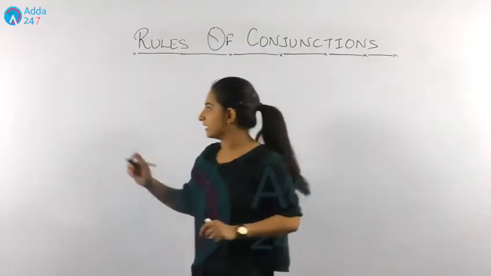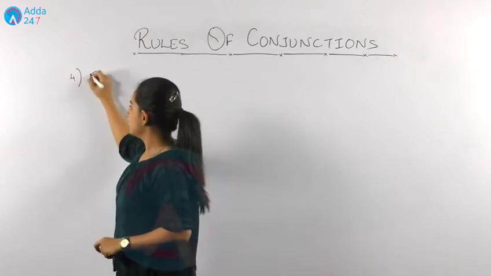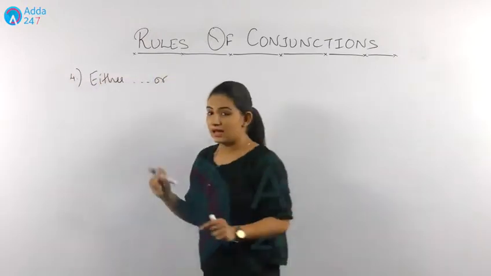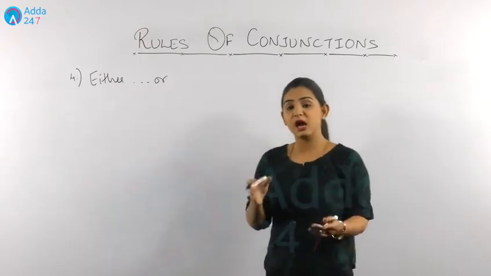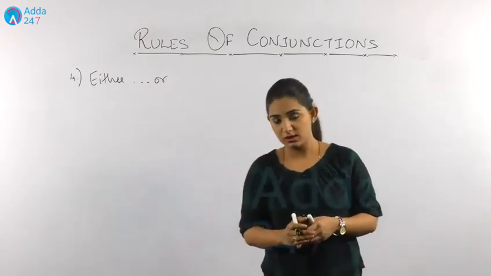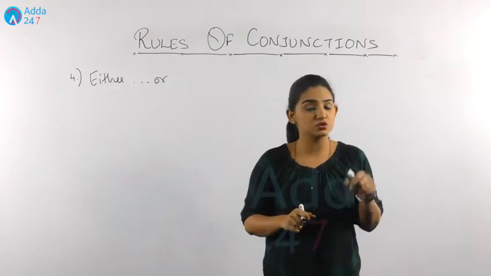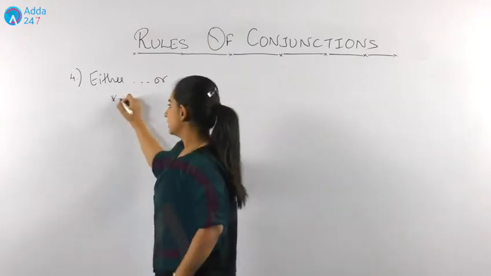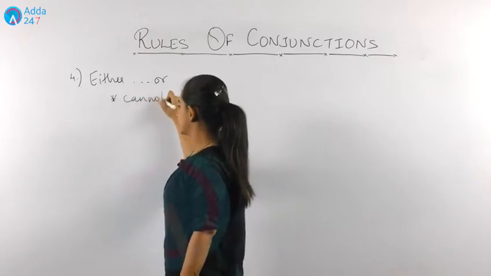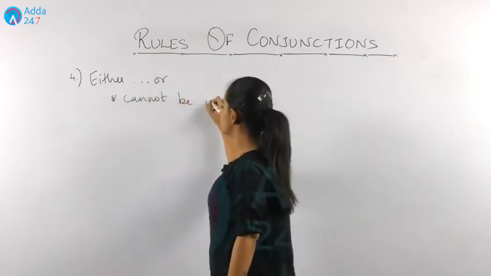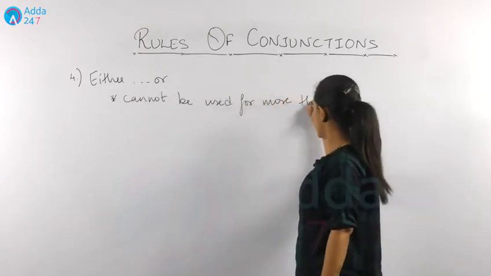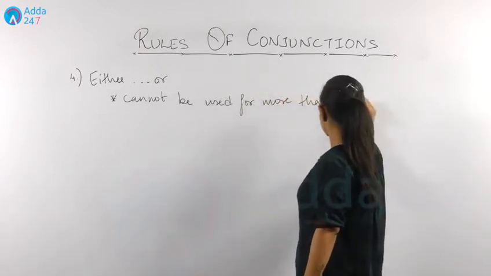Now the fourth one that we have is either or. Like neither nor said that we have to negate both, either or says we will choose one from the two. That means the condition follows with this as well, cannot be used for more than two.